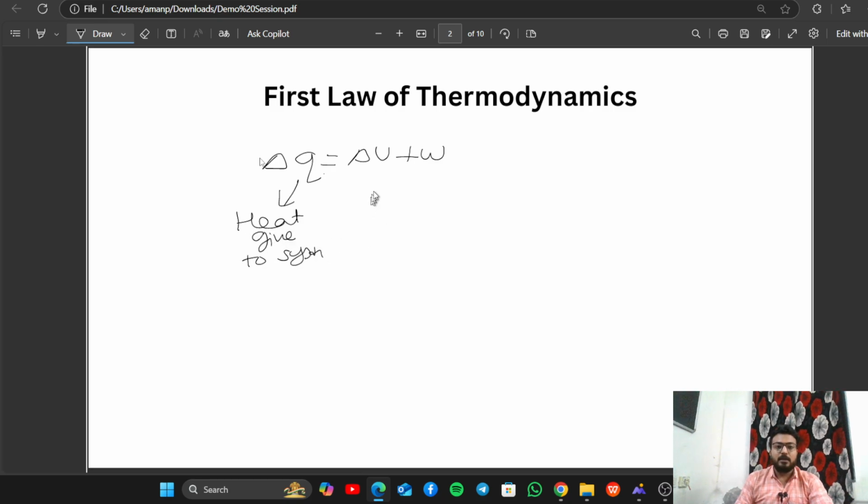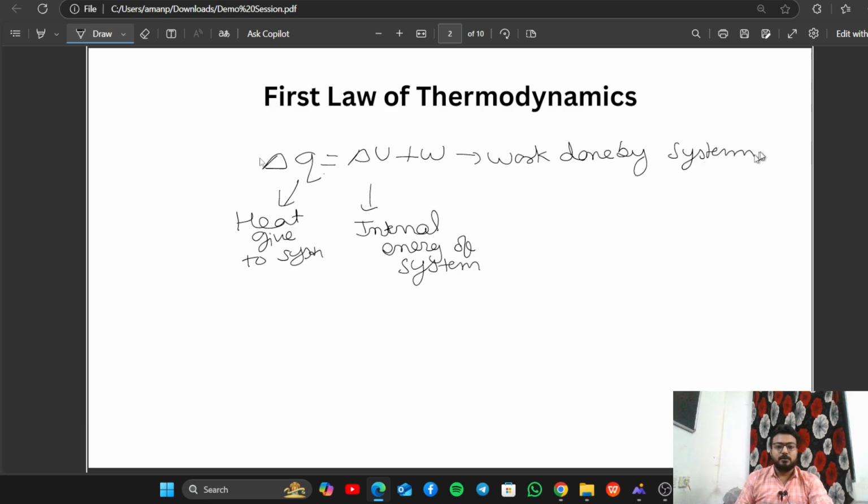Okay, and here U is the internal energy of the system, and W represents the work done by the system.